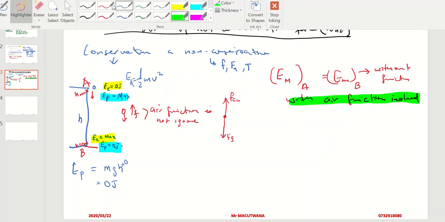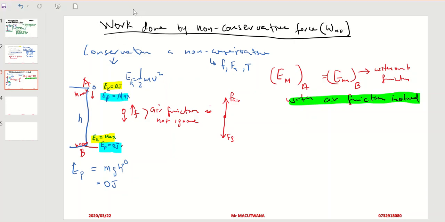Now, we need to think about it. Remember, according to energy principles, resistance of friction decreases the energy of an object. It takes energy out of the system.